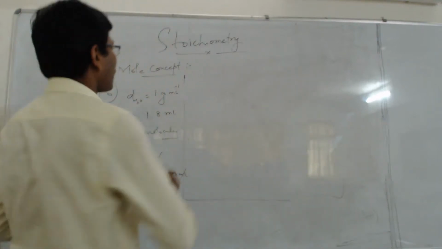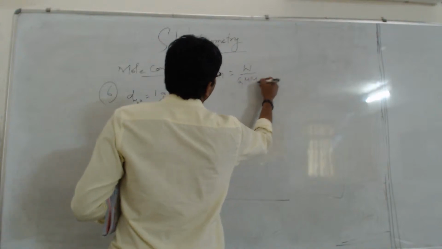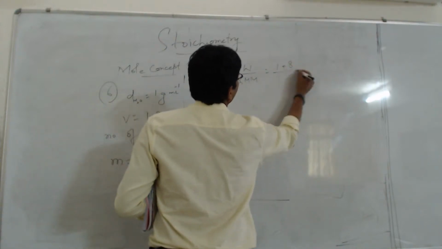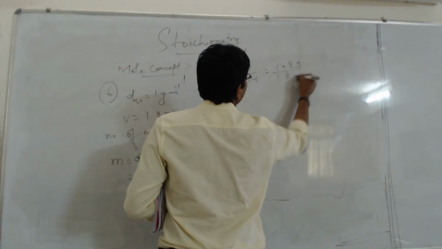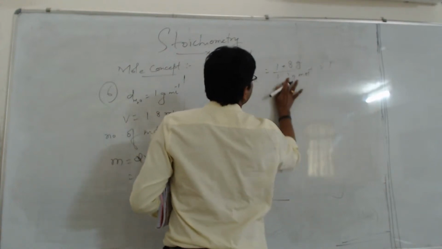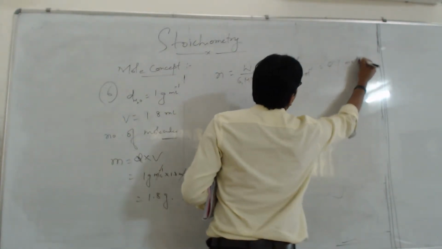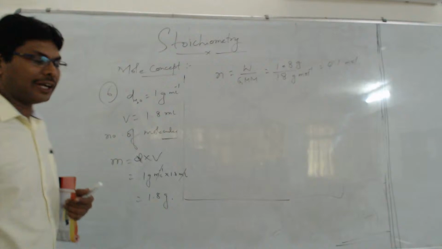So number of moles is weight by gram molecular mass. So 1.8 and the gram molecular mass of water is 18, so 1.8 gram per 18 gram per mole. So it is 0.1 mole. So the amount of water present in 1.8 gram is 0.1 mole.